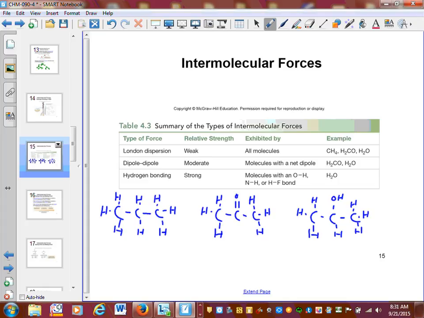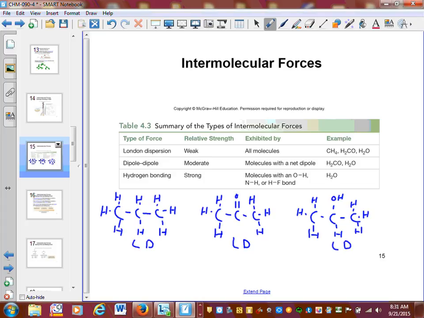Let's start with the weakest one, the London dispersion forces. Does this have London dispersion force? Okay, so this has London dispersion. Does this have London dispersion? Okay. Does this have London dispersion? Yes, all covalent molecules. So that was no help.